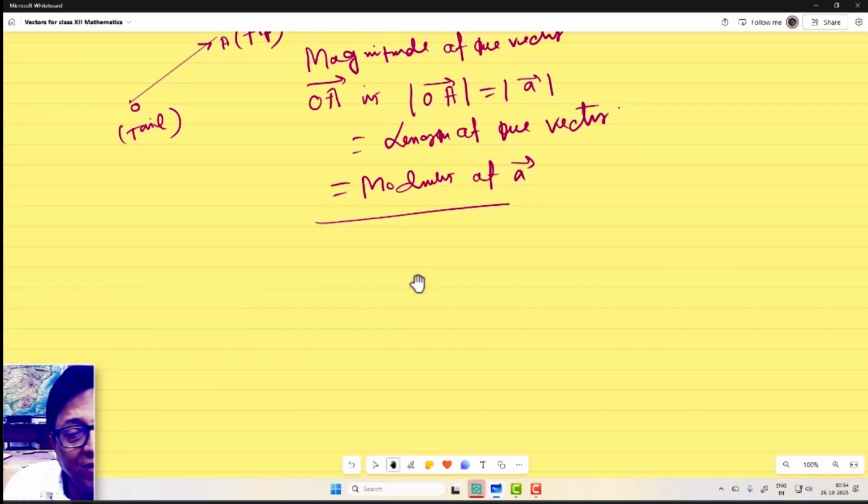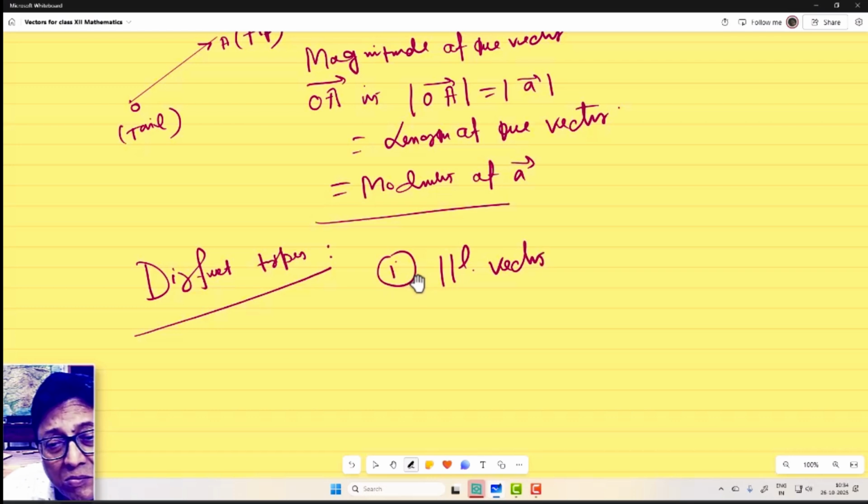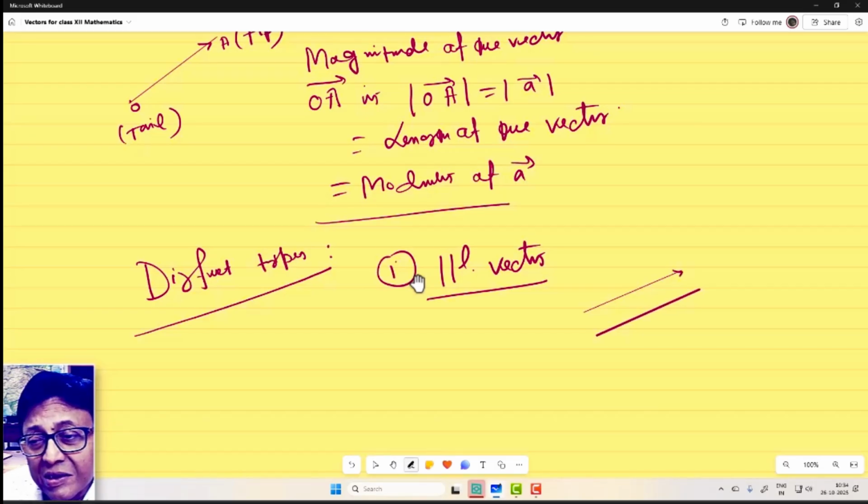Different types of vectors are there. Vectors may be parallel vectors. What are those? This is a vector, this is another vector.